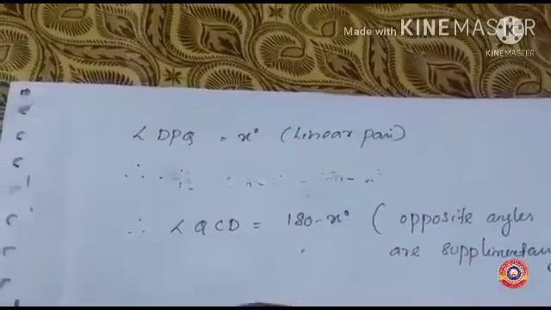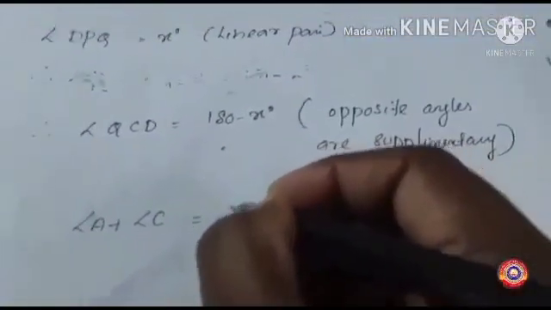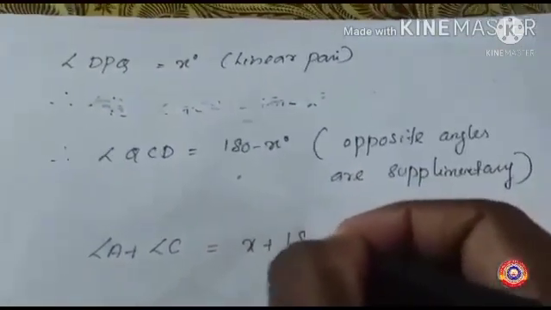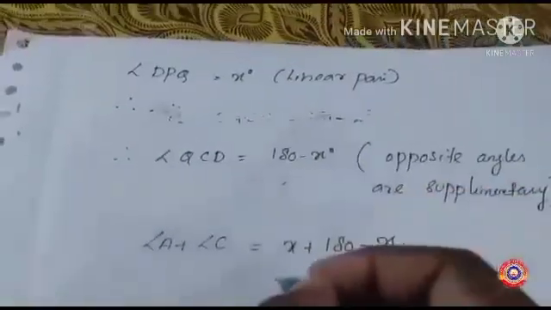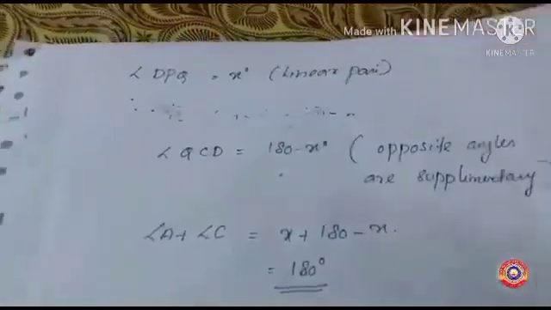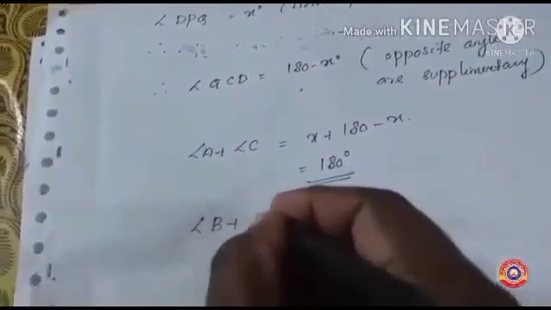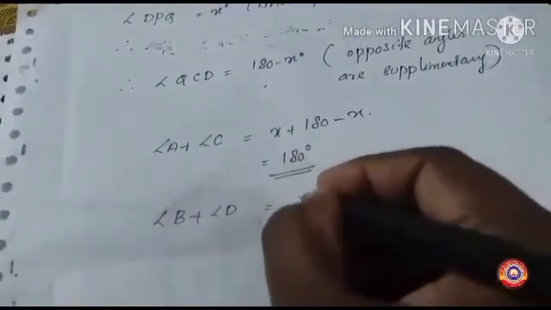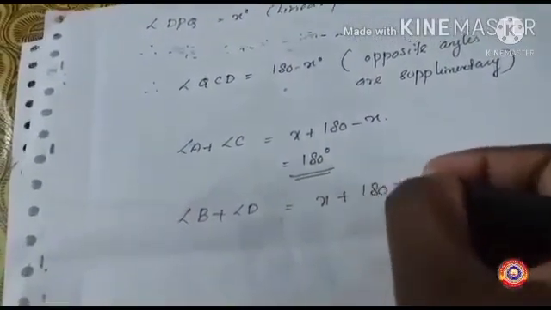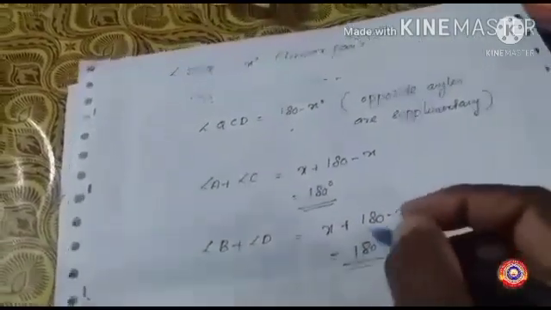So next we have to add the opposite angles of the whole quadrilateral ABCD. Angle A plus angle C, and angle B plus angle D. First of all, angle A plus angle C is equal to x plus 180 minus x, and it is equal to 180 degrees.